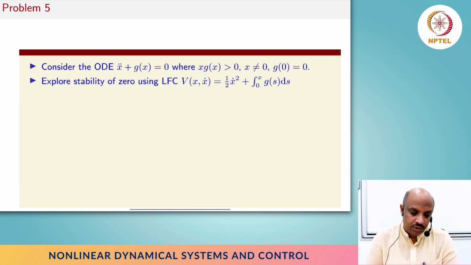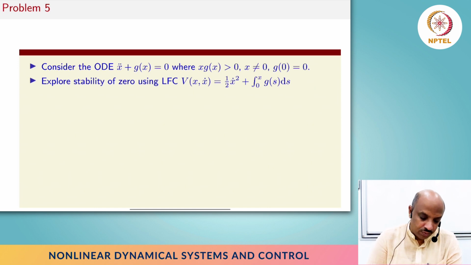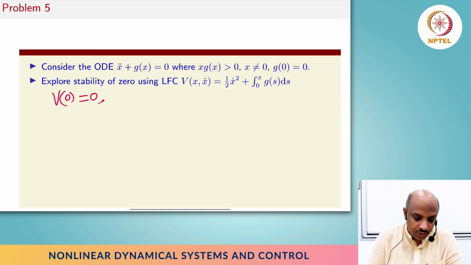So there's a suggestion for a Lyapunov function candidate, which is given by half x dot squared plus this integral. It's not necessary that all Lyapunov functions are of the form quadratic and things like that. So this is one of those exceptions. You can easily conclude that V of 0 is 0.